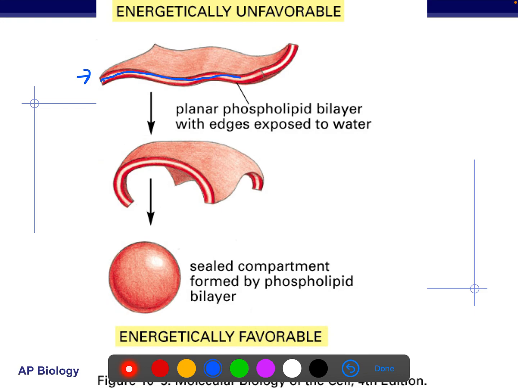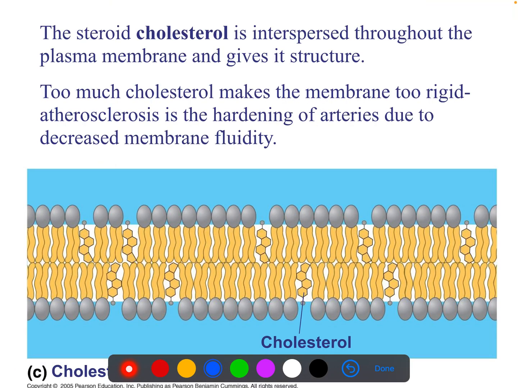These nonpolar areas are not going to want to be exposed along their edges, so it's more favorable to make a sealed compartment. This is why most cells that we are going to see are enclosed in that way. They won't be a perfect circle, but that nonpolar region really doesn't want to be around any aqueous solutions.